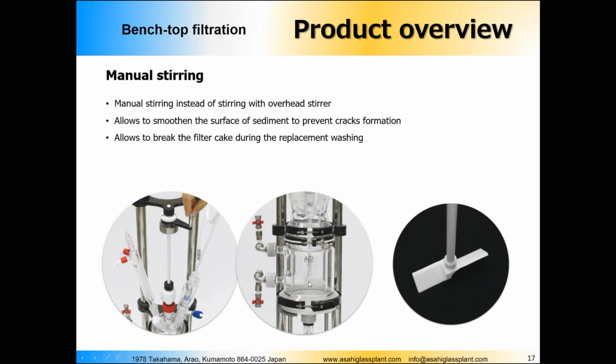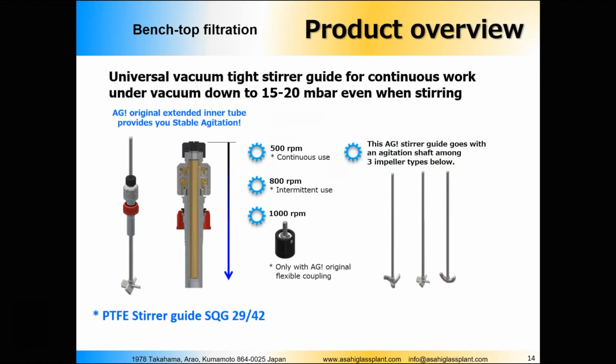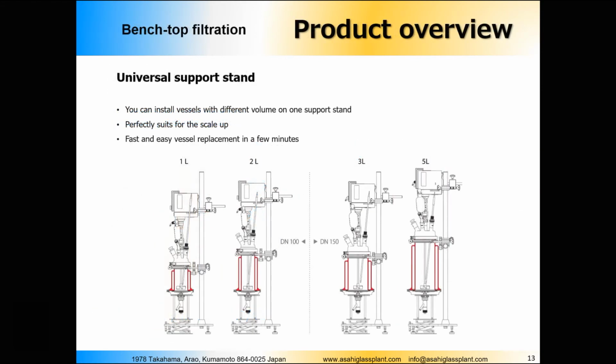And that is why it is so important to have the different sizes. I will go back to the previous slides with the support stand, and that's when you will understand why it is important. If we would have a size of DN100 for the 5-liter reactor, for example, there will be two options.